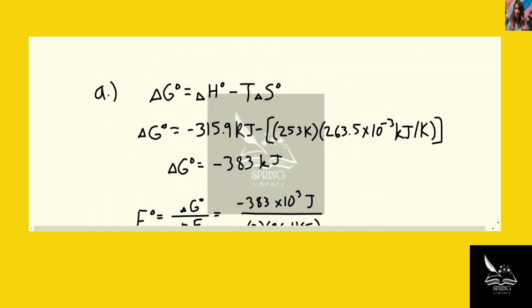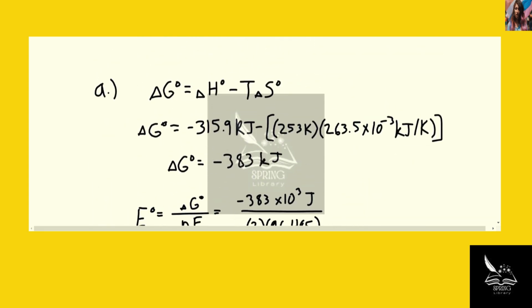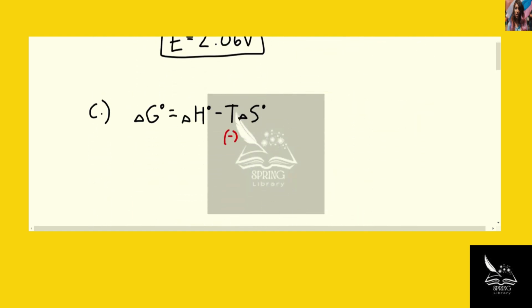And we are given temperature independent values for both delta H and delta S. And we see that delta H was given to be a negative value and delta S was given to be a positive value. So delta H is negative and delta S is positive.